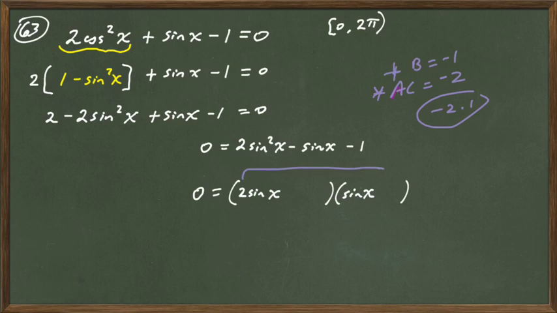So 2 goes into the negative 2, and here is the 1. So 2 times what is 2? 2 times what is negative 2, that is? Negative 1. 1 times what is 1? 1 times 1 is 1. Set them both equal to 0 means that the sine of x equals negative 1/2.